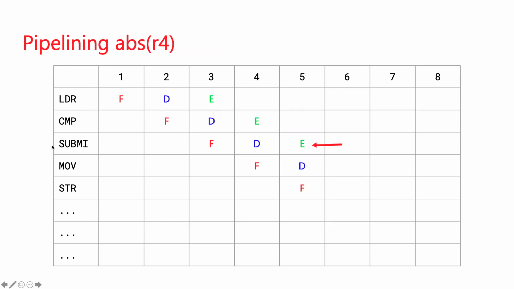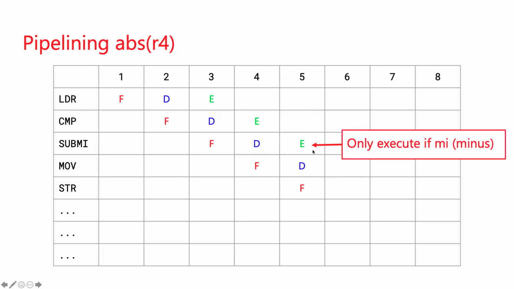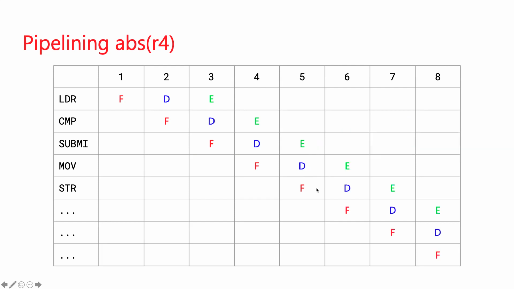If this isn't a branch, if it's just a conditionally executed instruction, then when it's time to execute it, we can decide whether to execute it or not based on the condition codes. But if we didn't have to branch, then even if the instruction ends up not doing anything, we've still got the next instructions we're going to need to execute already loaded into the pipeline, so the system can continue to run efficiently.